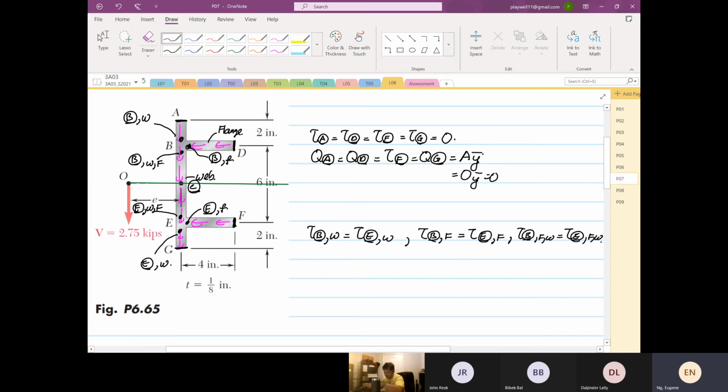So we only need to find 3 locations, and then we have to find tau max.